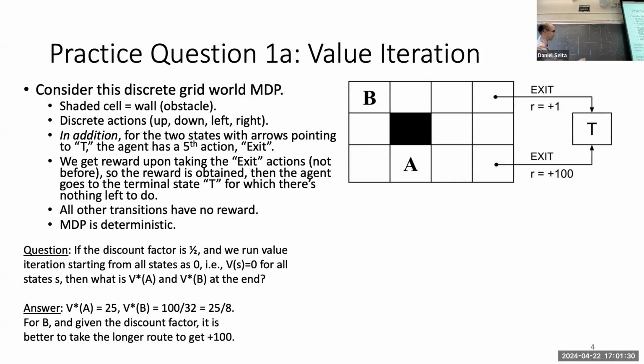If it goes here, the reward is gamma 1 times 0 because there's a discount. Now it goes here to the exit, gamma squared times 100, but gamma is 1/2, so it's 1 over 4. Then 100 divided by 4 is 25. Right?